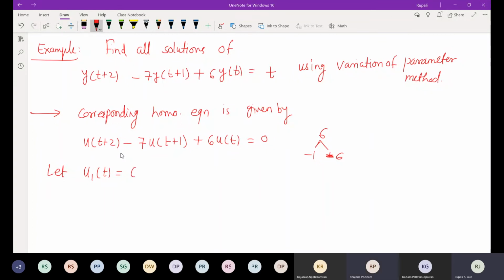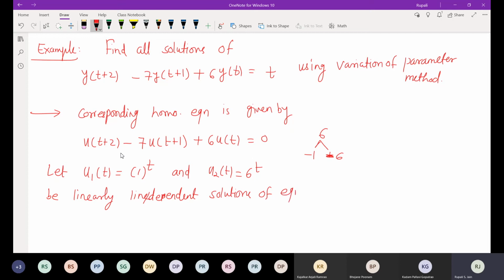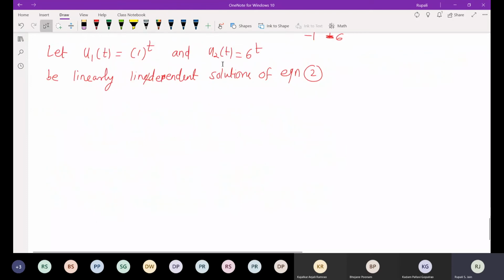Let u1(t) is equal to 1 raised to t and u2(t) is equal to 6 raised to t be linearly independent solutions of equation 2. This is my equation 2, and this is my equation 1. So we have u1(t) and u2(t) as linearly independent solutions.